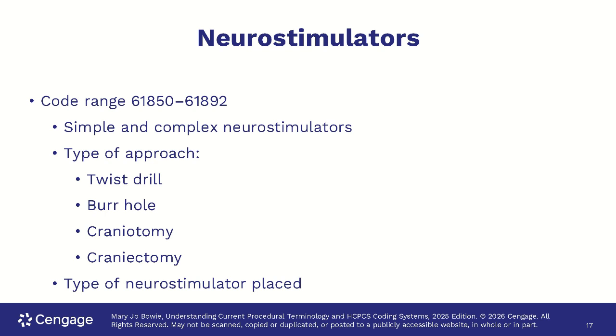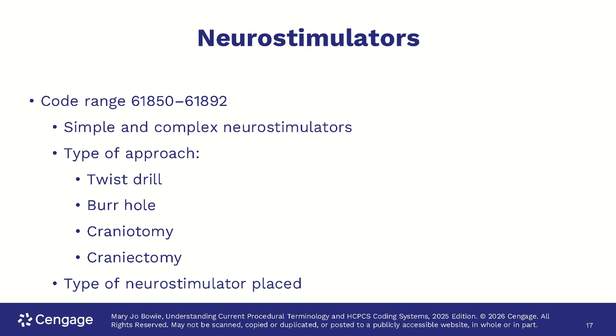All right, neurostimulators. There are two types: simple and complex neurostimulators. These codes are differentiated by the approach. I hope you're seeing a trend: twist drill, burr hole, craniotomy or craniectomy, and so forth, and the actual type of neurostimulator placed.